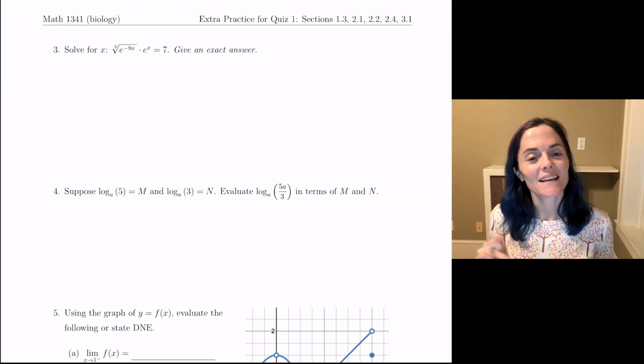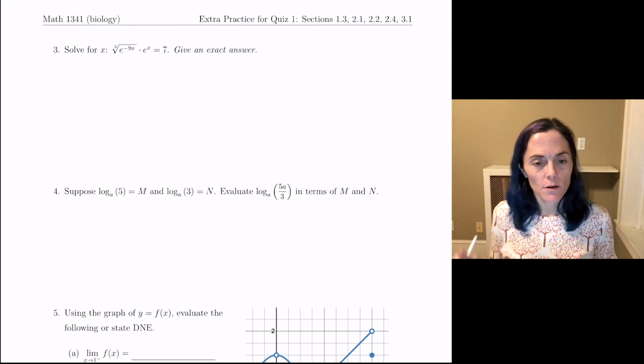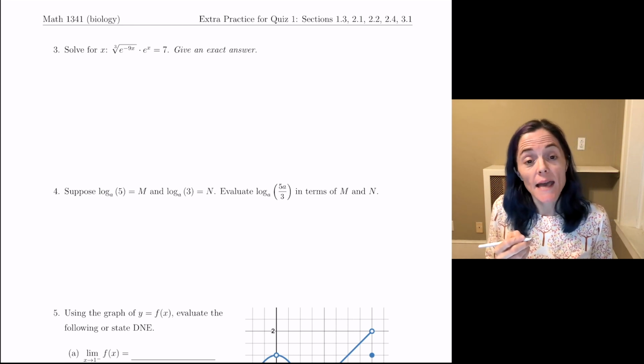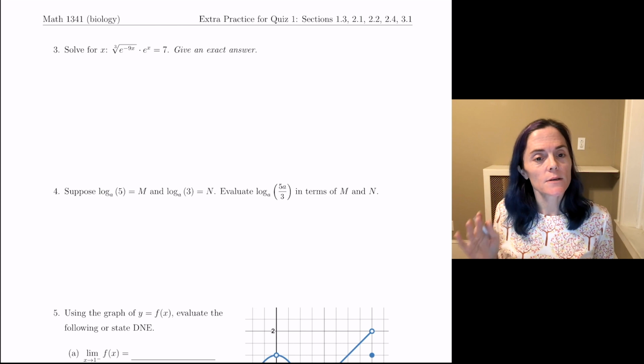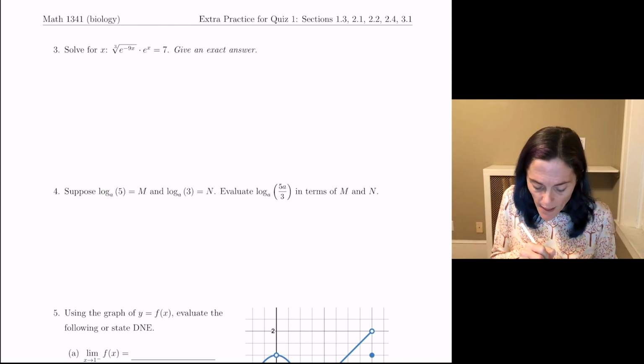Next question. Solve for x. Give an exact answer. Okay, well, we have to do some properties of exponents. We will also need to use some logarithms here. First of all, the left-hand side, we have e to the minus 9x to the 1/3 power times e to the x.